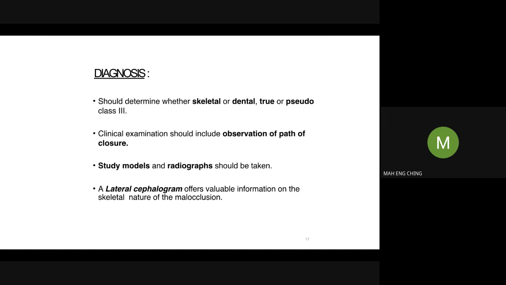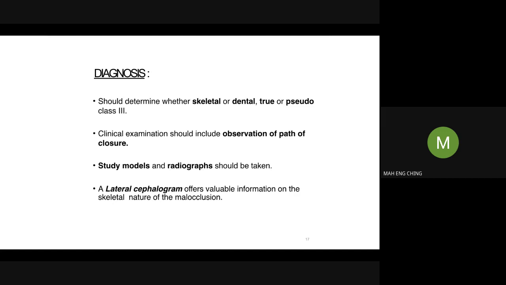They call it a functional shift. So the first thing, you see the crossbite, and the second thing, you should check any displacement or deviation of the path of closure. And after you diagnose the Class 3, then you should take a study model and radiographs, like we said before: history, then clinical examination. Then you should take some records, which are a study model, photographs, and radiographs, before you come up with the final plan for the patient. Then the lateral ceph is also available information on the skeletal nature of the malocclusion.